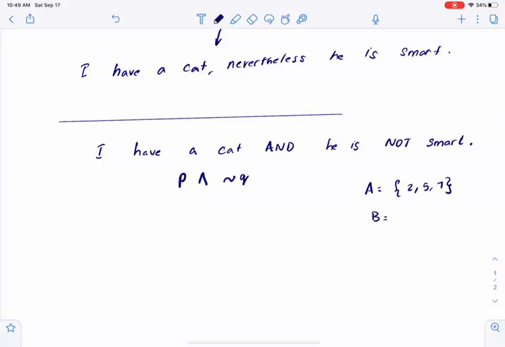I have set B, 1, 4, 5. Number 5 is in set A and in set B. This would imply that 5 is in the intersection of A and B.